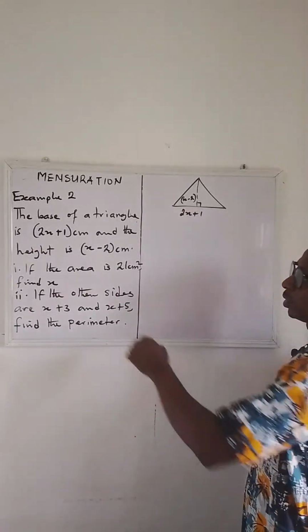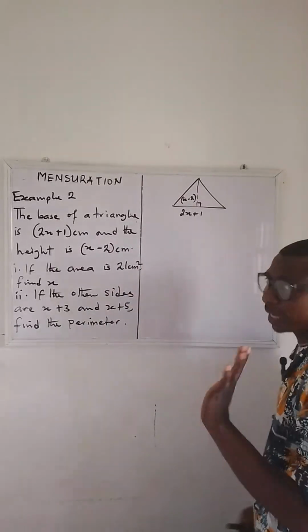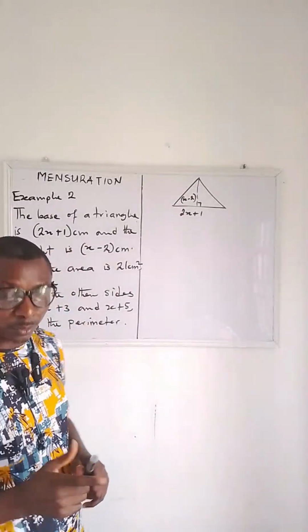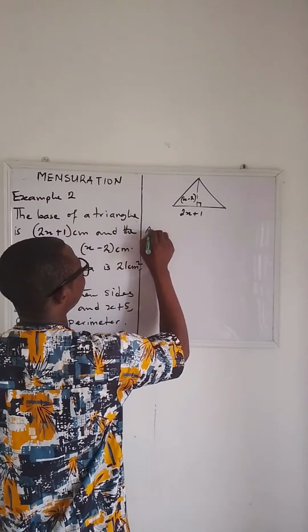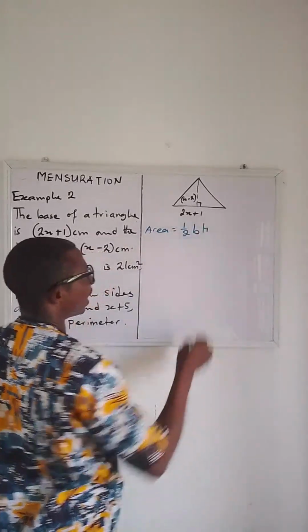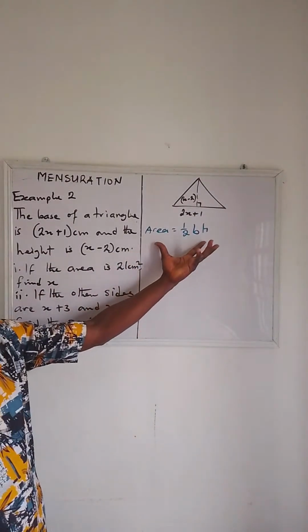You have to find x if the area is 21. So all I just need to write is the formula for finding area of a triangle. So you know the formula. So what's the formula? We have area of triangle equals to half base times height. You get that? So now let us plug in all these parameters.